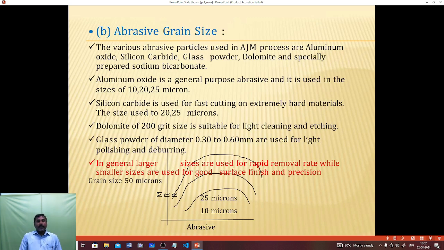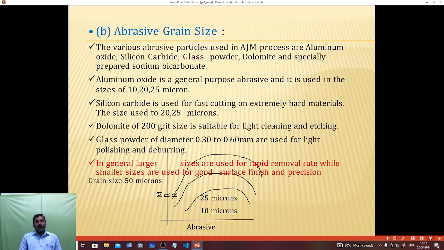Regarding abrasive grain size, the various abrasive particles used in the abrasive jet machining process are aluminum oxide, silicon carbide, glass powder and sodium bicarbonate. Aluminum oxide is a general purpose abrasive and it is used in sizes of microns.